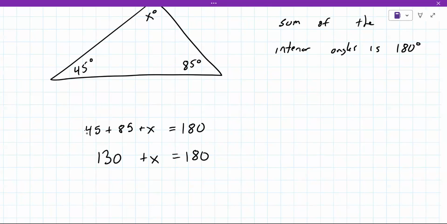So to solve this equation, you have to subtract 130 from 180. Yes, that's what I'm doing. Is it 50? It is 50.